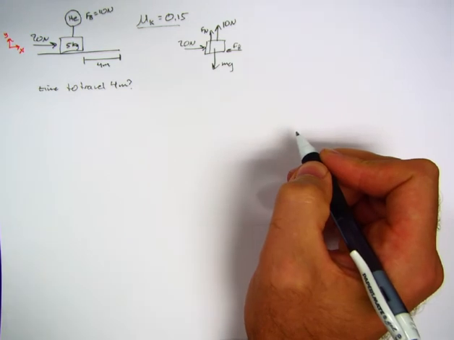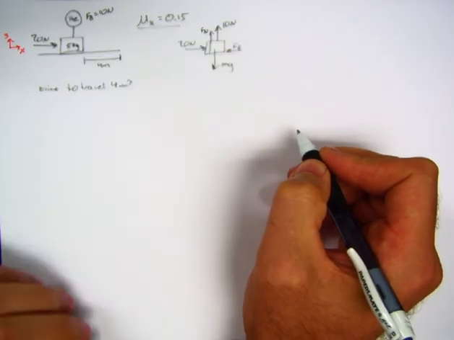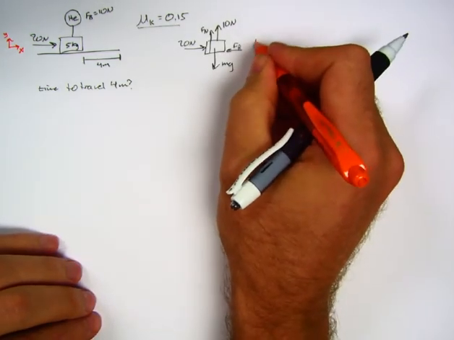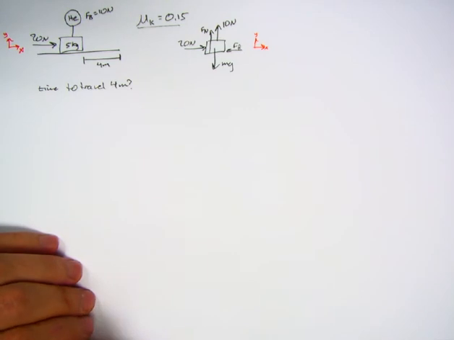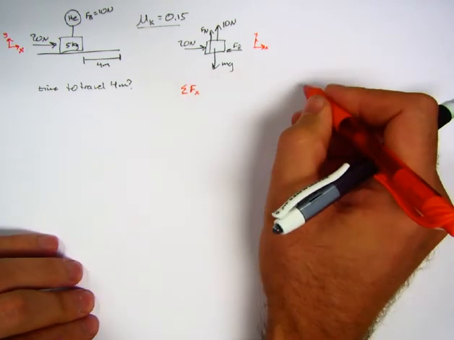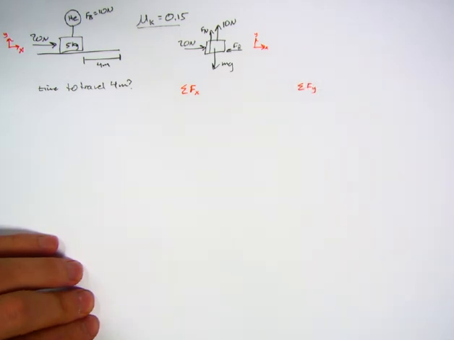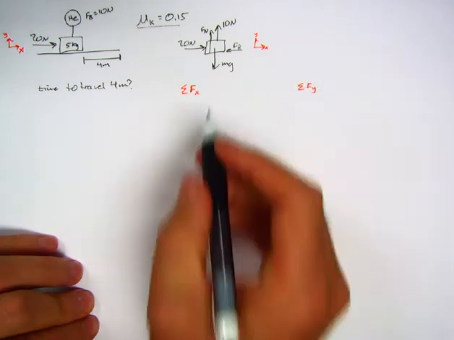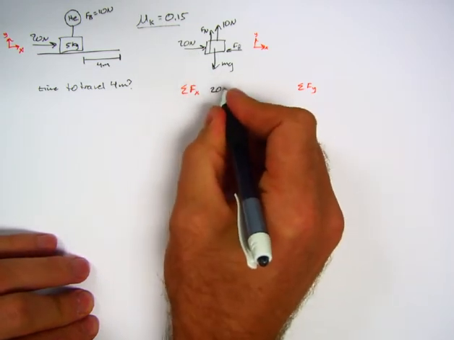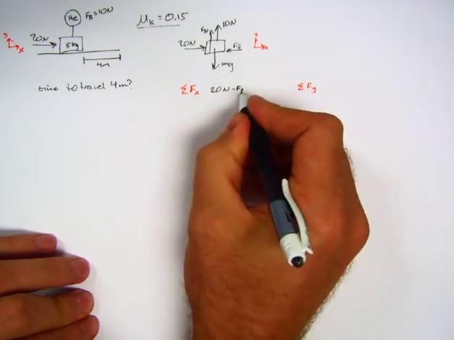So those are all of our forces, and if we look at all of those forces in our coordinate system, x and y, we can now write down the forces in the x direction and the y direction and apply Newton's law. In the x direction, we have a positive 20 newtons, and we have a negative force of friction.